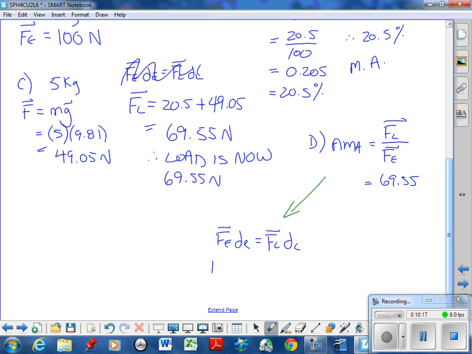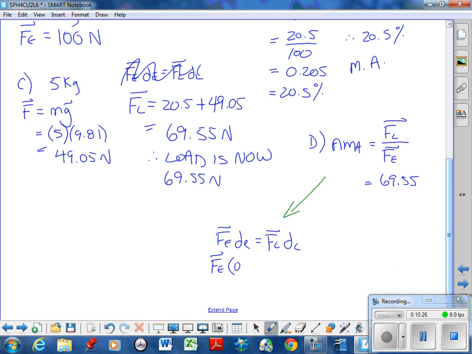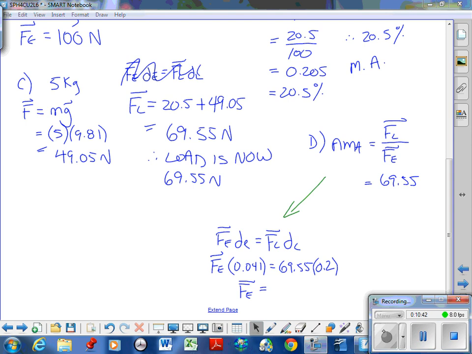So I need to know FE. The DE again was 0.041. The load force is now 69.55. We did that right. And it's 0.2, I think it was. So doing that calculation, my FE then is 339.3 newtons.